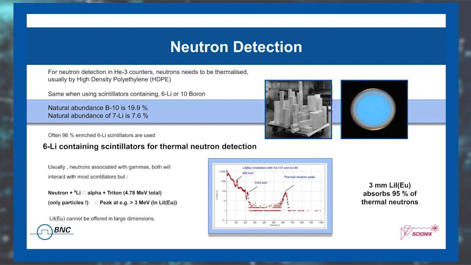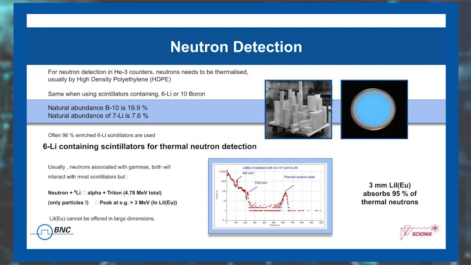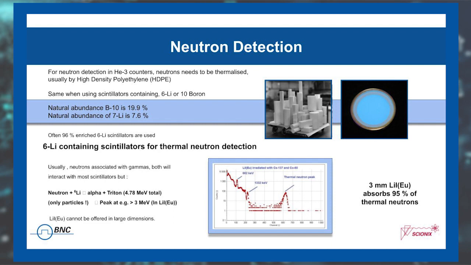We can use enriched lithium-6 scintillators also. So a lithium-6 containing scintillator is a very efficient thermal neutron detector. And there are some materials around here, for example, lithium iodide. Lithium iodide is a scintillator that has a neutron peak at a very high energy of roughly 3 MeV, because the excess energy for the triton and the alpha particle is 4.8 MeV.